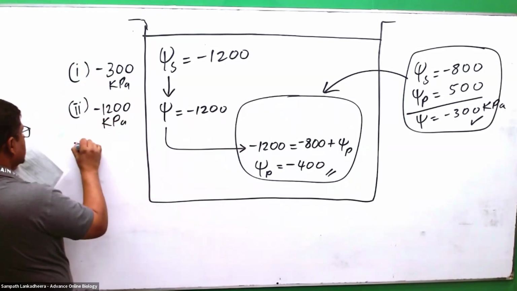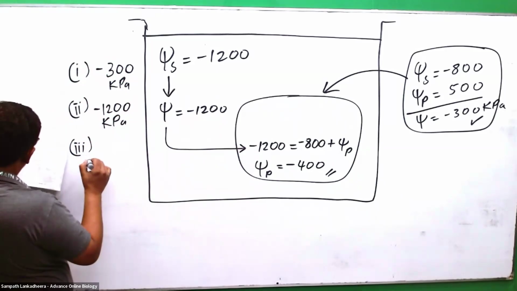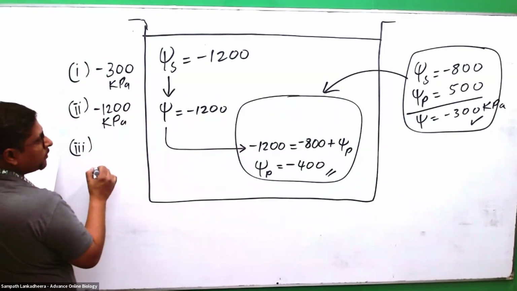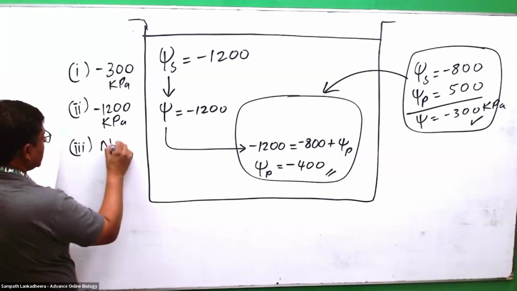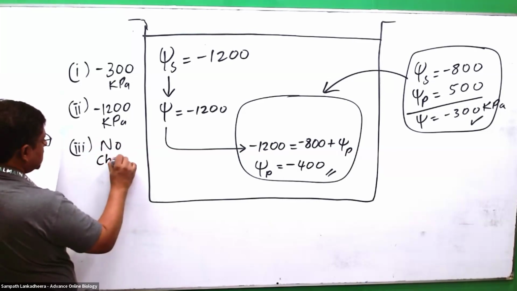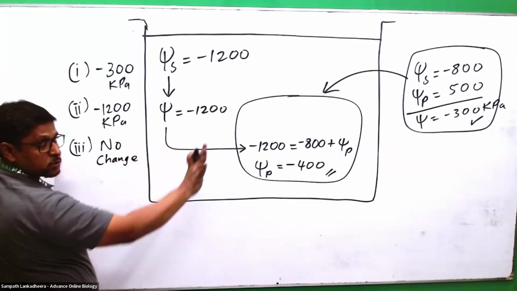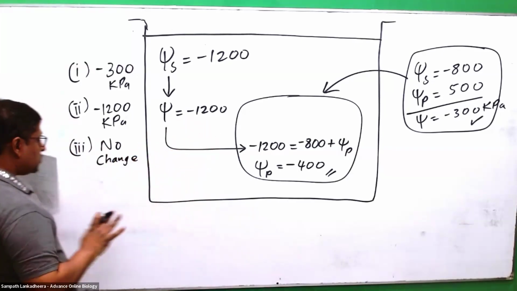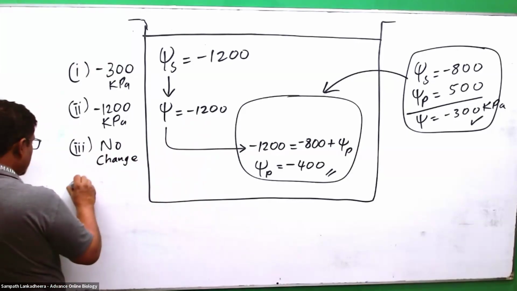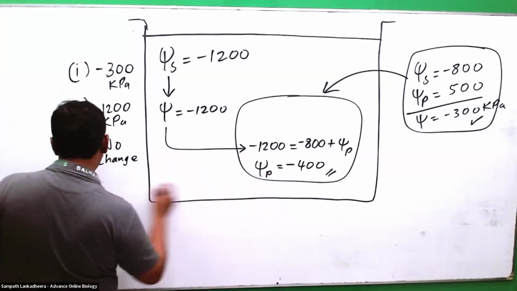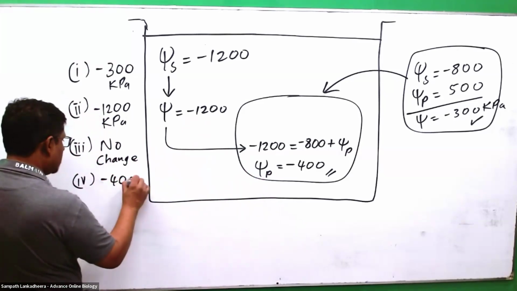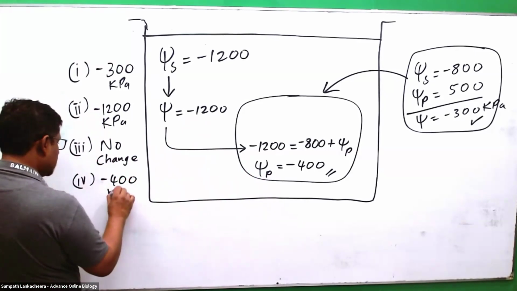Third one, what is the change of the water potential of the solution at the equilibrium? No change. Outer solution water potential is going to retain, at minus 1200. Then fourth one, calculate the pressure potential of the cell at the equilibrium. Minus 400 kilopascals.